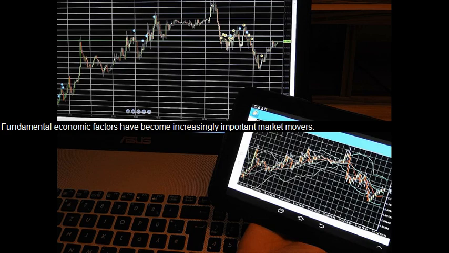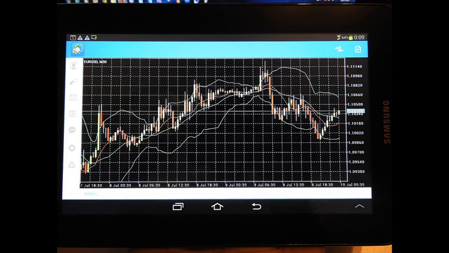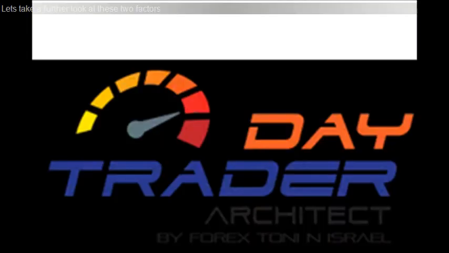Fundamental economic factors have become increasingly important market movers. Let's take a further look at these two factors.